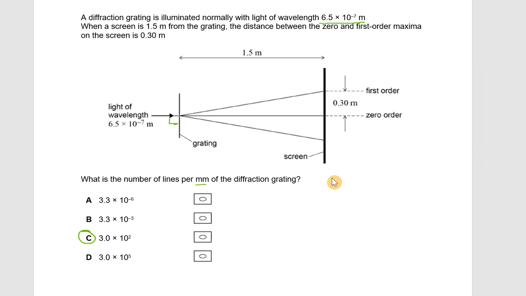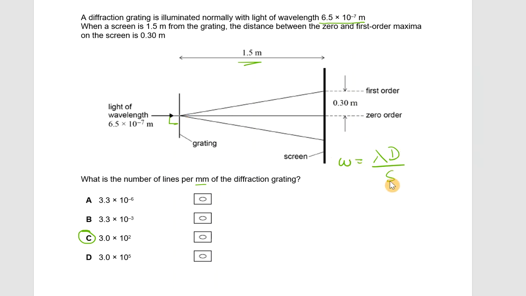We're going to use an equation that's normally used just for double slits: the fringe spacing is equal to the wavelength multiplied by the distance between the grating and the screen over s, which is the spacing between the lines on the grating, or between the slits on the double slit.